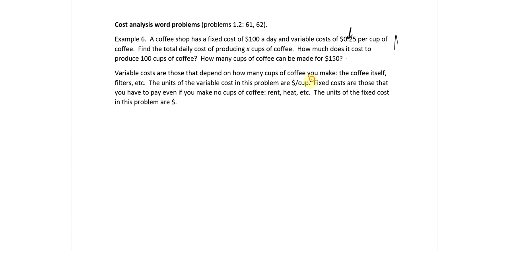Fixed costs, those are things that you have to pay even if you don't make any coffee at all, right? If you own a store, regardless of whether you sell anything, even if you don't open, you have to pay for rent, you have to pay for utilities, a lot of fixed costs that have nothing to do with how many cups of coffee you sell.